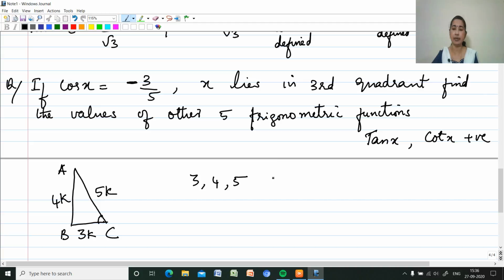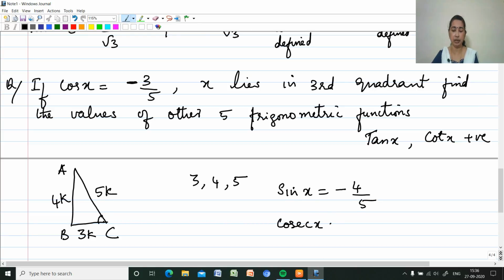Now, we can easily write the remaining trigonometric ratios. Sin x. What is sin x? Opposite by hypotenuse. And a sign we have to put here negative sign because it is coming in the third quadrant. Third quadrant, remaining all it is negative other than tan and cot. So, sin x equal to minus 4 by 5. What about cosec x?